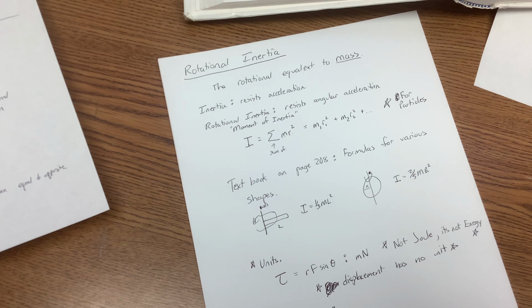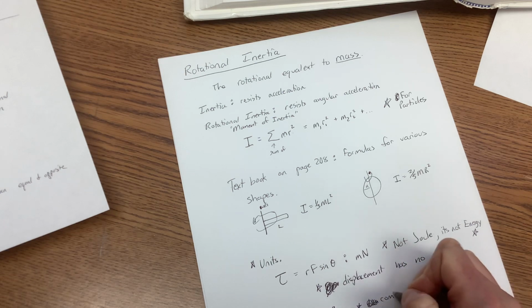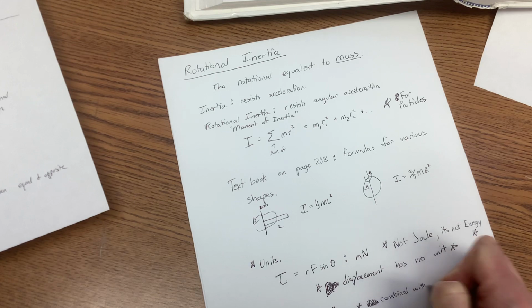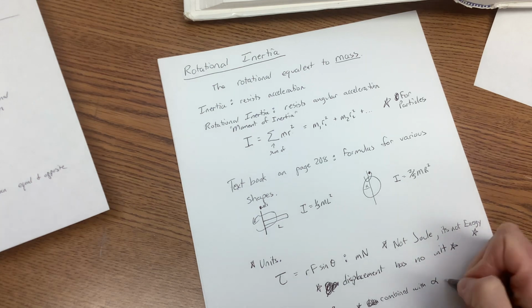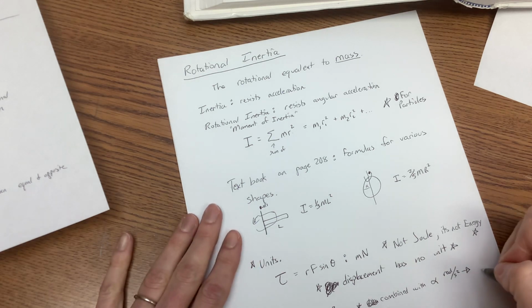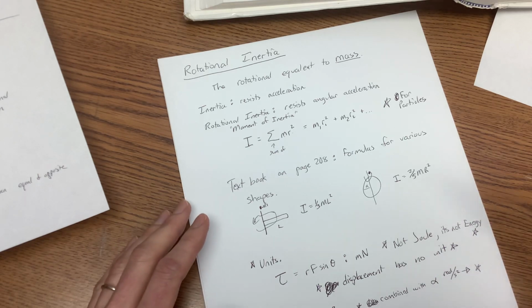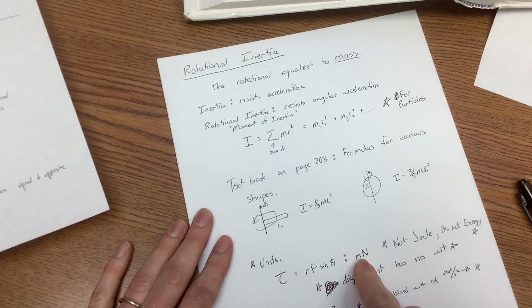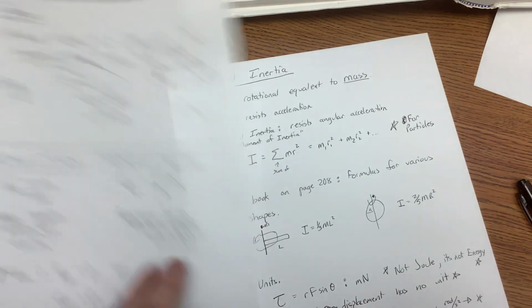But when we combine this with alpha, which is radians per second squared, that's going to allow you to get to the right unit for the other things that you're measuring. For the torque, that's going to get you the torque unit when you do this equation here.